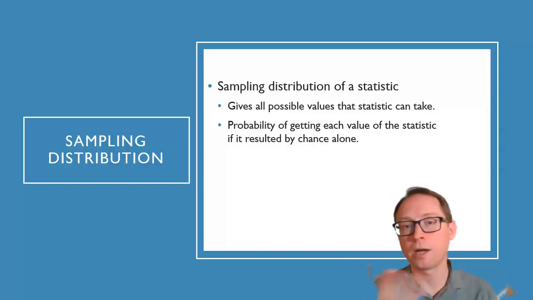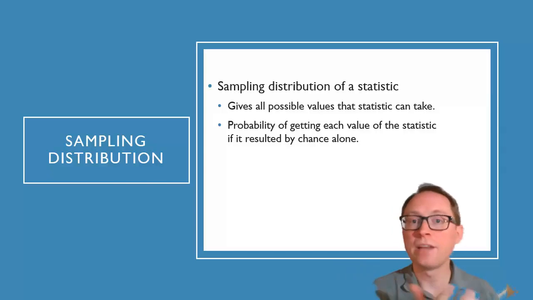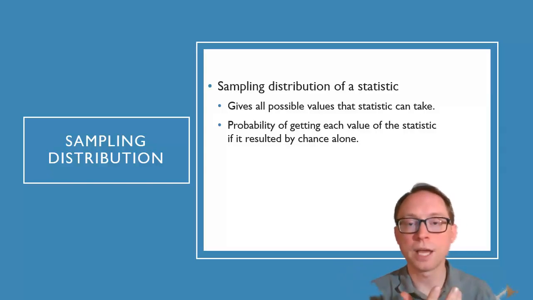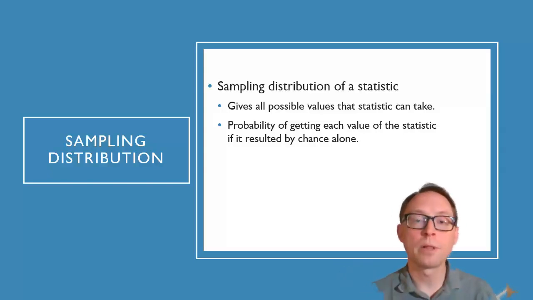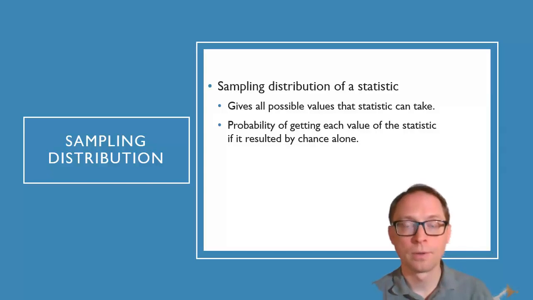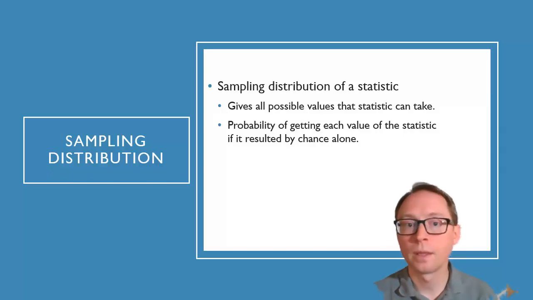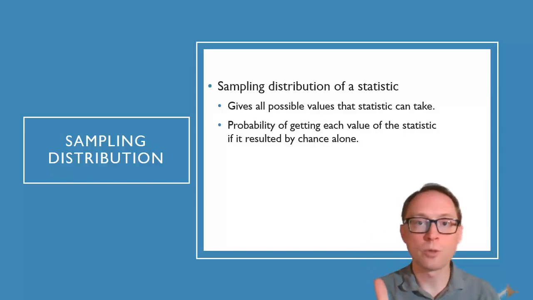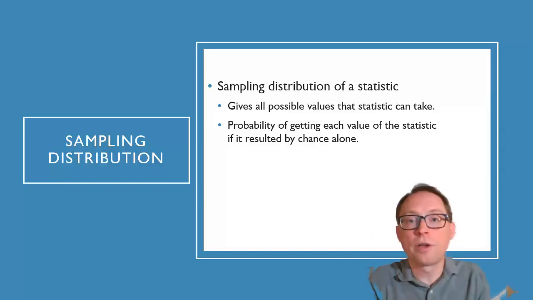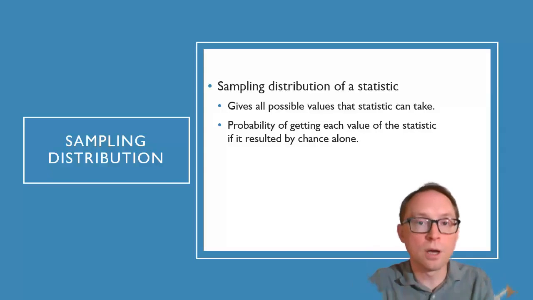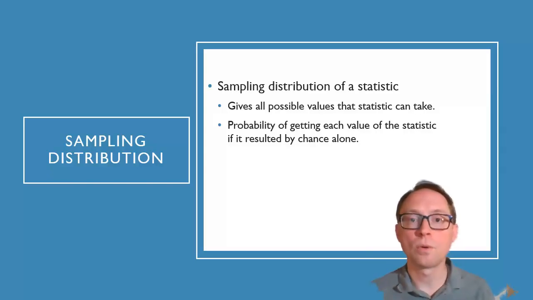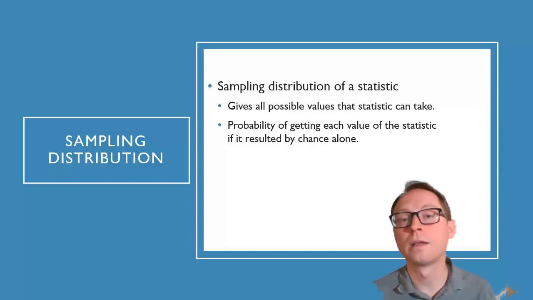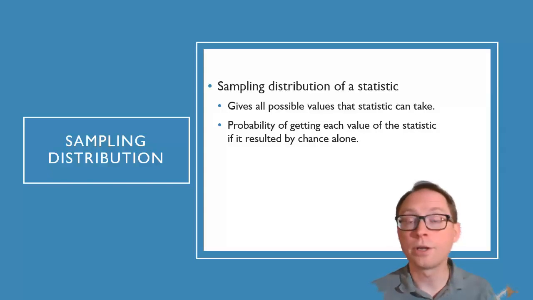So all the possible values of tenure that the statistic could take. And what is the probability of getting that randomly, by chance, if his talent had nothing to do with him staying in Menudo? And then we say, all right, well, he got this. And the probability of getting that when there's nothing going on is either really high or really low. And then we make a decision as to whether or not we really think it was his talent that was causing his tenure in Menudo.